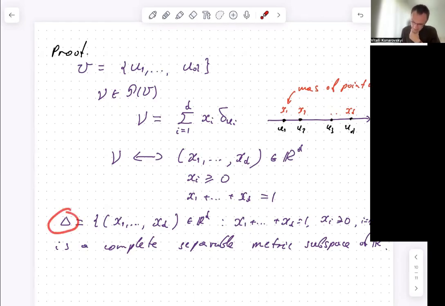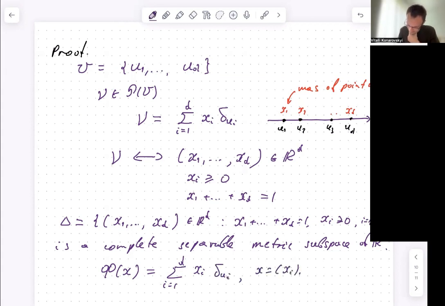Okay, then having this, let's consider also the function phi of x, equal to the sum from i equals 1 to d of xi delta ui, for x the vector from 1 to d.